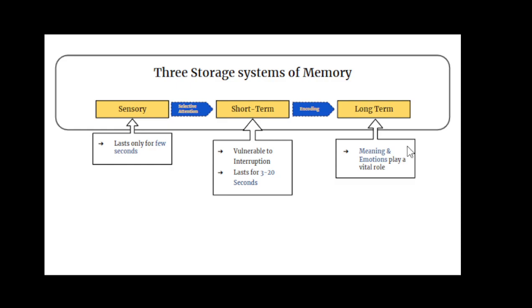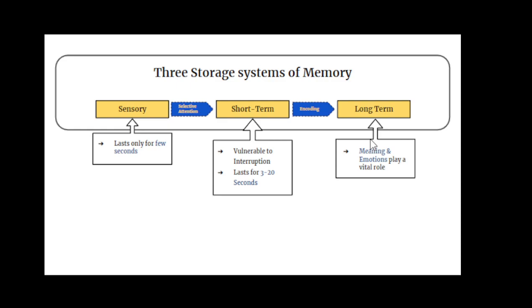And in the long-term memory, meanings and emotions play a very vital role in what will be stored in the long term and what will be discarded, or go out of our access. Now, long-term memory also affects our perception, because whatever we perceive out there depends on what we have already perceived in our whole lifespan till now. And the more we rehearse things, the better it is for storage in the long term.